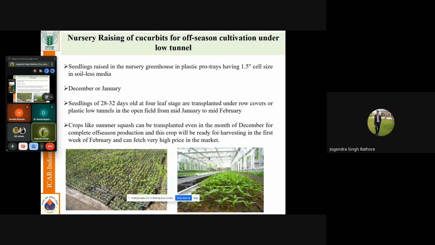That's why we go for off-season nursery production under low tunnels. After the seedlings are 25 to 30 days old or at the 4 leaf stage, we remove these plastic low tunnels and go for transplanting in the field.